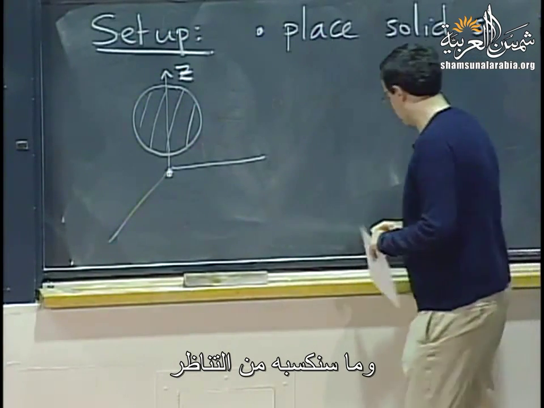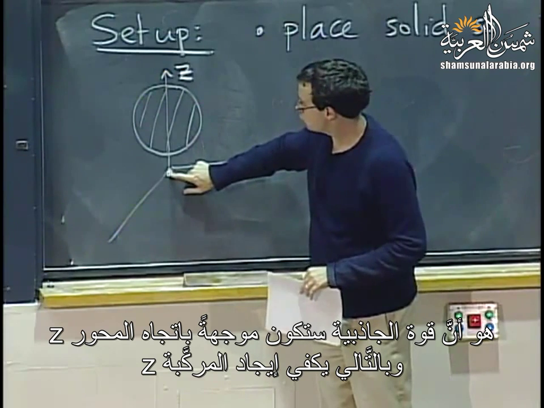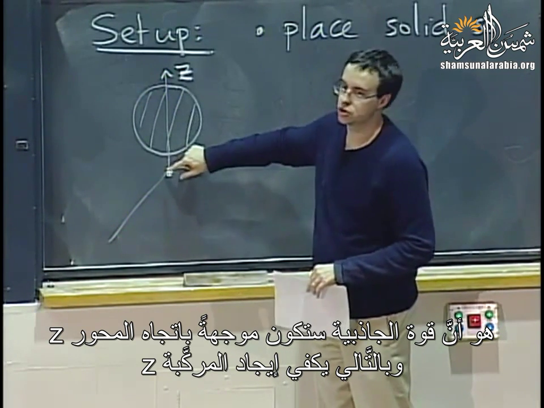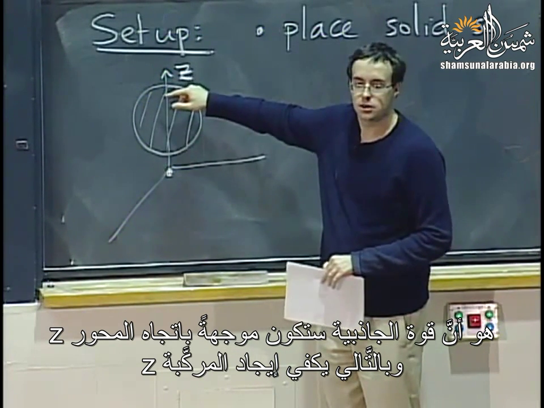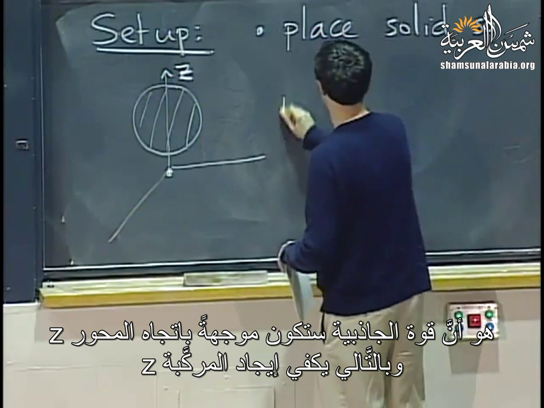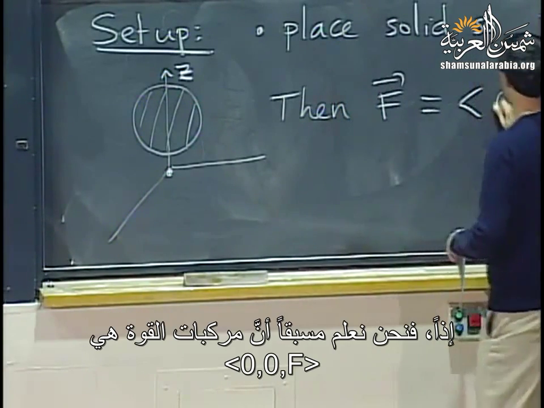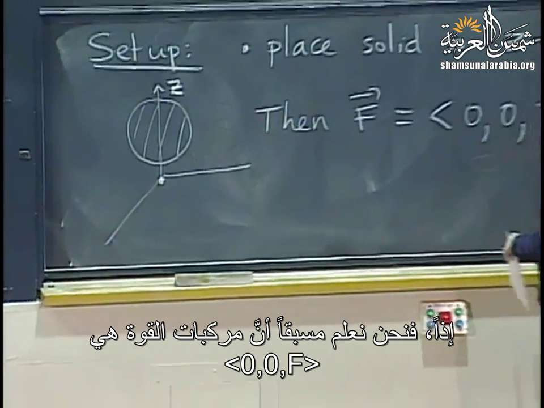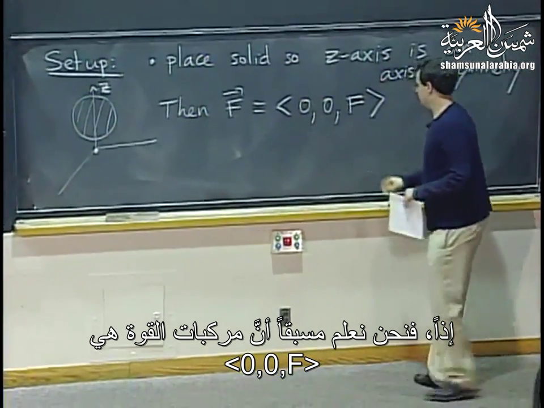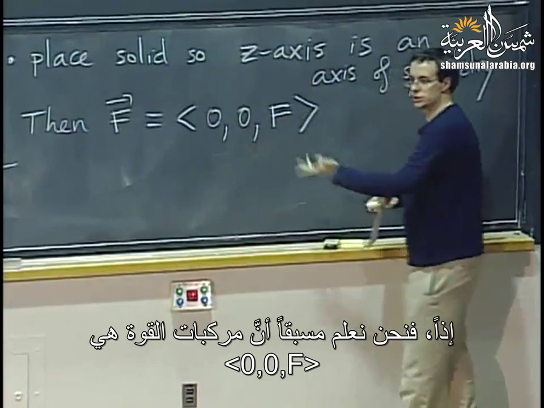And what do you gain by that? Well, what you gain is that by symmetry, the gravitational force will be directed along the z-axis. So you'll just have to figure out the z component. So then you know in advance that the force will be given by 0, 0, and some z component.